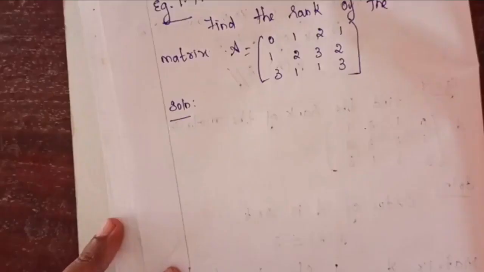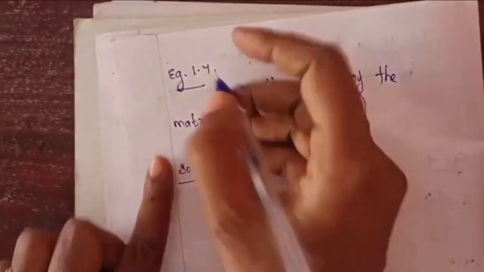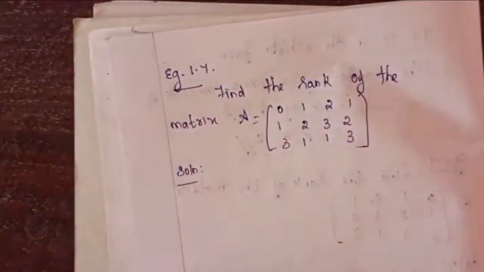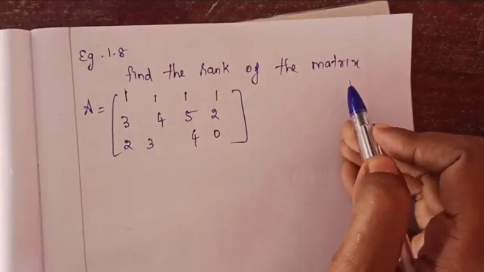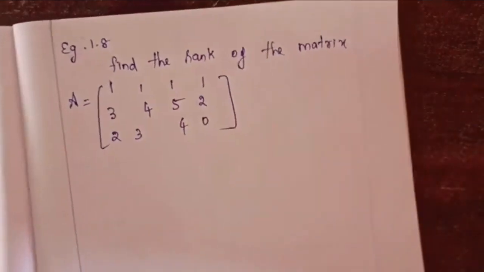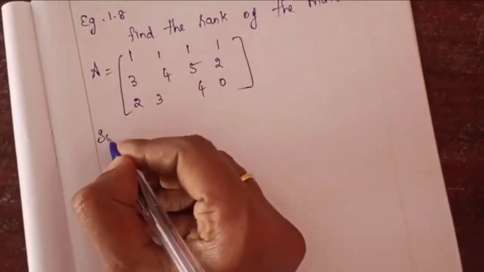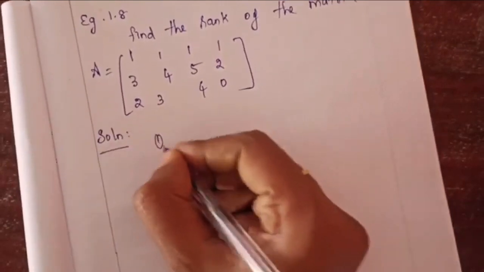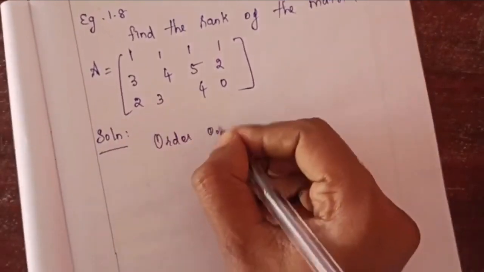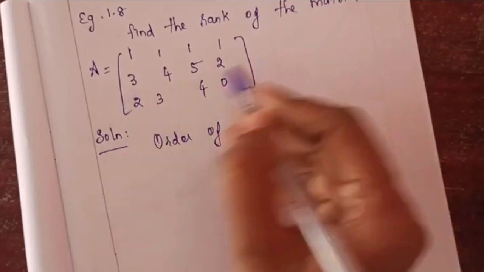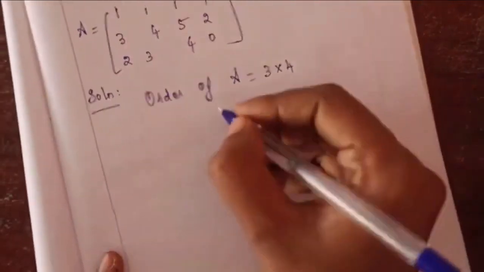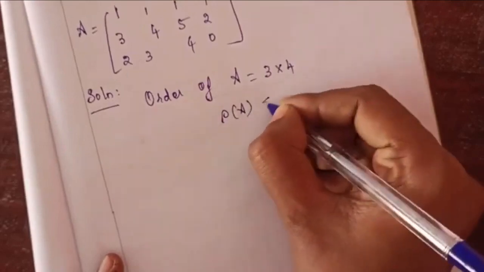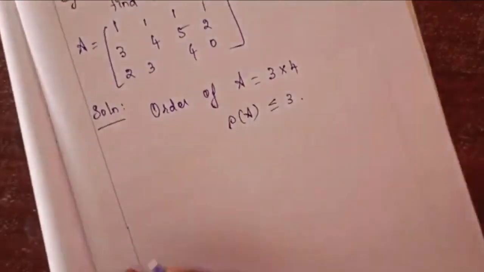Example 1.8, find the rank of the matrix A. So first we will find out the order of the matrix. Order of A: how many rows and how many columns? 3 rows and 4 columns are there. So 3 cross 4, so the rank of A must be less than or equal to 3. Is it right?